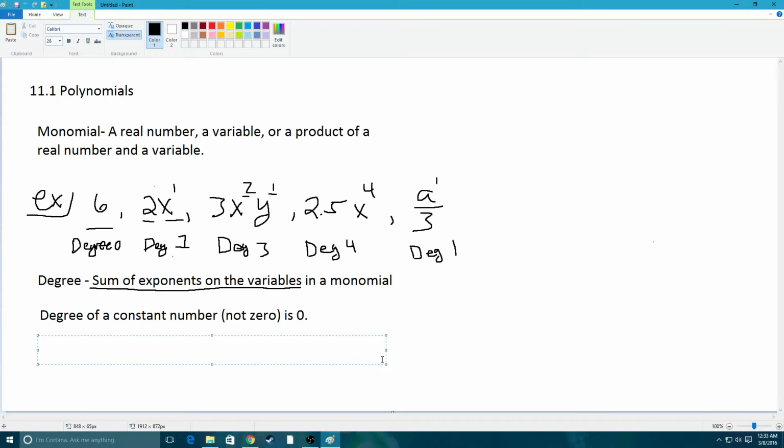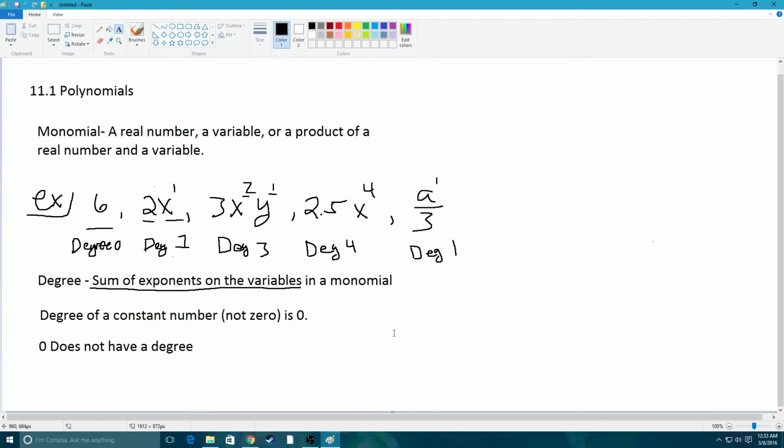One more thing, 0 does not have a degree. Sad face for 0. So that's monomials so far.